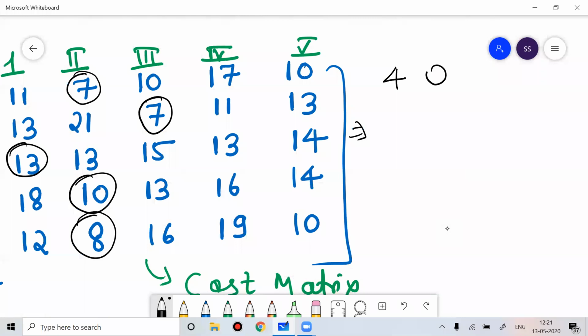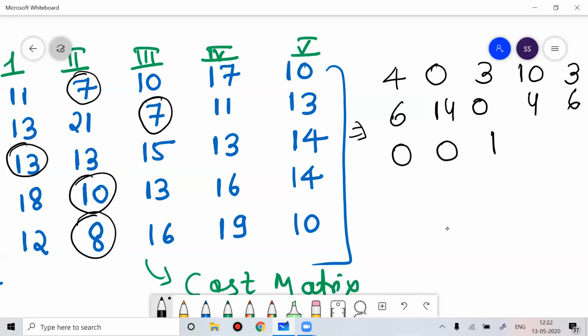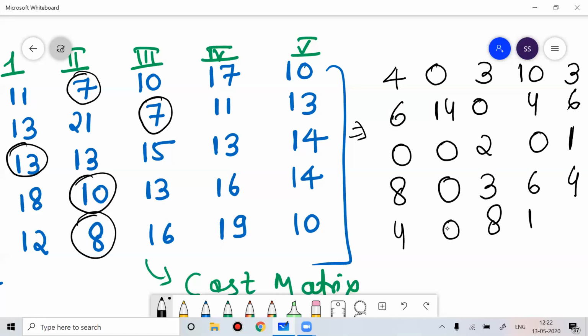This is 0, this is 3, this is 10, this is 3, this is 3, then this is 6, then 14, 0, 4, then 6, then 0, 0, 2, 0, 0, 2, 0, 1, then 8, 0, 3, then 6, then 4, then 4, then 0, 8, then 11, 11, 11, and 3.